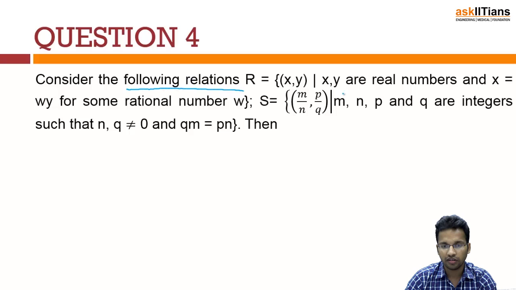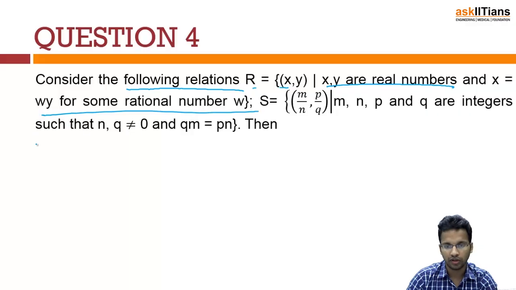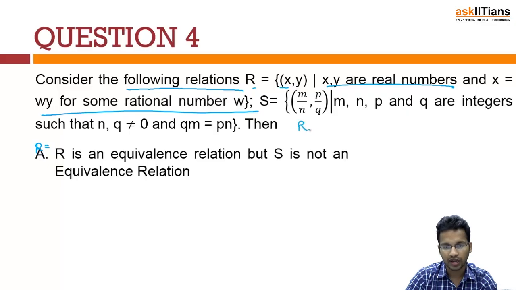These following relations R and S are given. Now here x and y are real numbers. So you have been given R as, I'll write here R as, x is given to be and this is given to be a rational number.